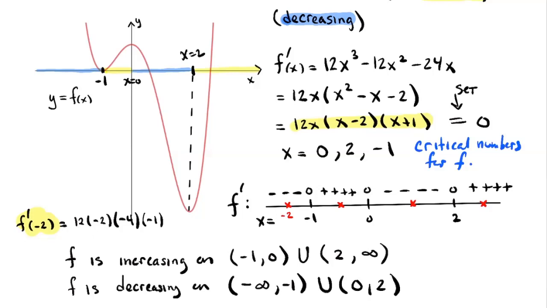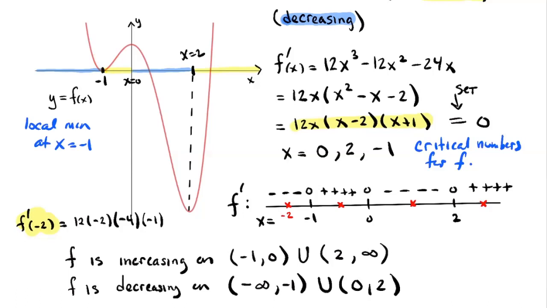If you're looking at the graph, you can clearly see that there's, say, a local minimum at x equals -1. Yeah, a local minimum there at x equals -1. That's the smallest y coordinate nearby x equals -1. How does this sign diagram tell us that?